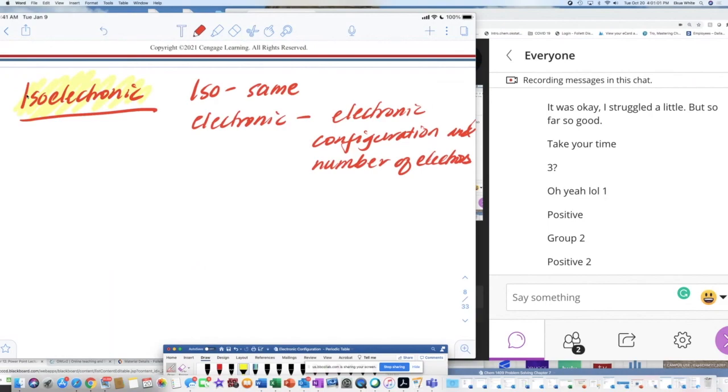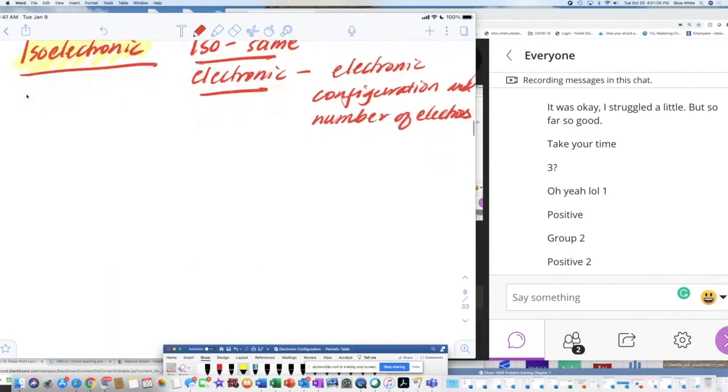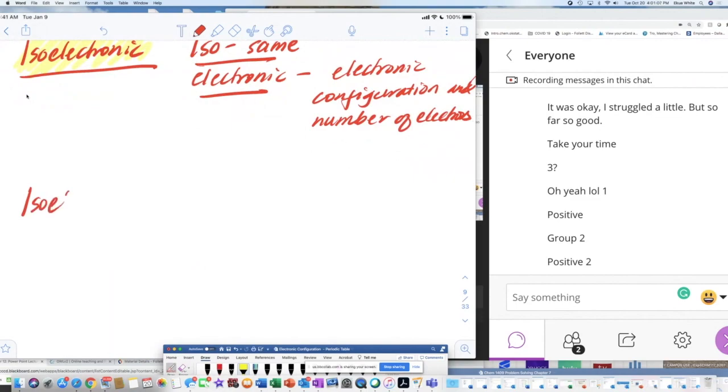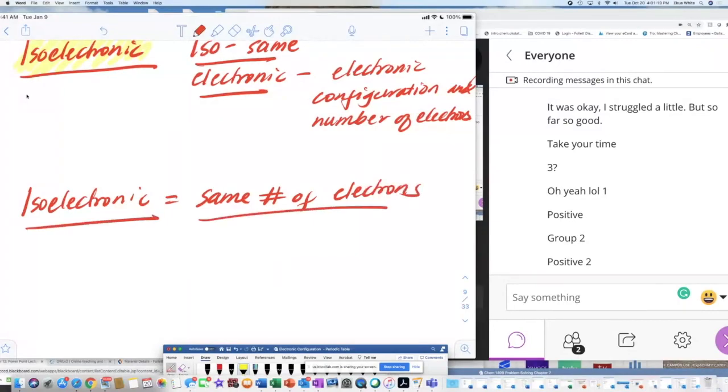Let's look at situations where we have the same electrons. Isoelectronic, same number of electrons. So before we get into the configuration, let's deal with this concept at this basic level, and then we'll go deeper.